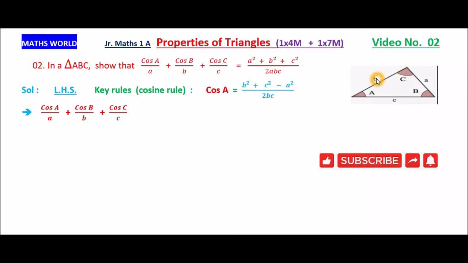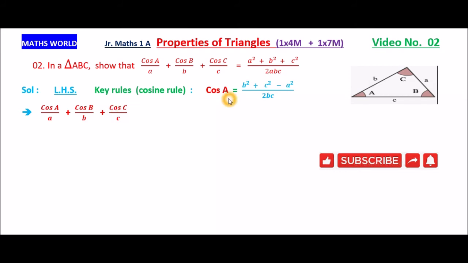The adjacent sides are B and A, opposite is C. So, cos C is equal to B square plus A square minus C square divided by 2BA. So, using the cosine rule, we got the values of cos A, cos B and cos C.